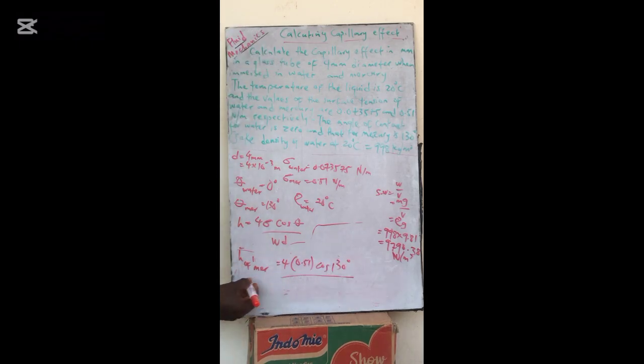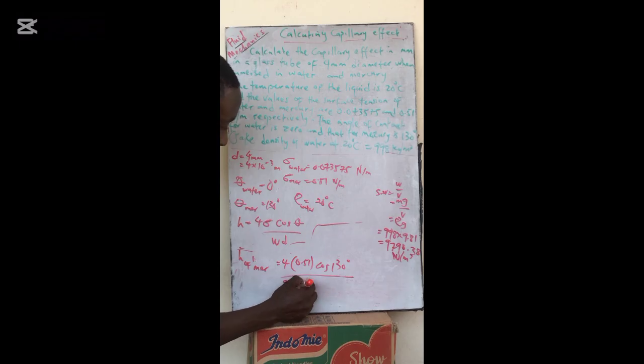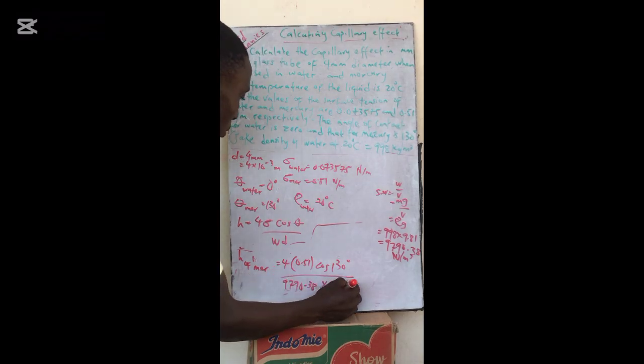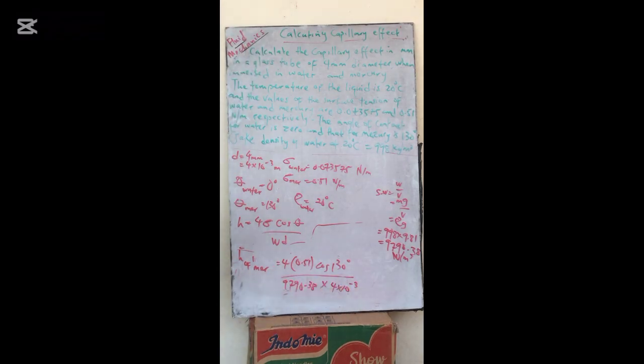We have to note these important parameters. Then our weight still remains the same because they are sharing the same weight. So that will be 9790.38, and multiplied by the diameter, which still remains 4 times 10 raised to power minus 3. The only thing that changed there is the surface tension and the angle of contact for both entities.